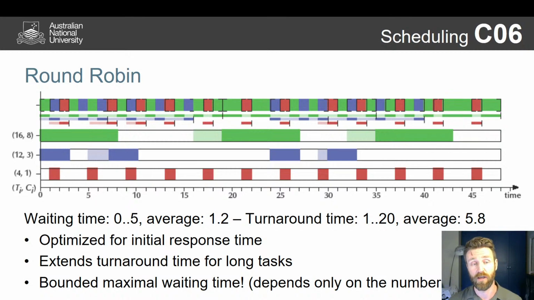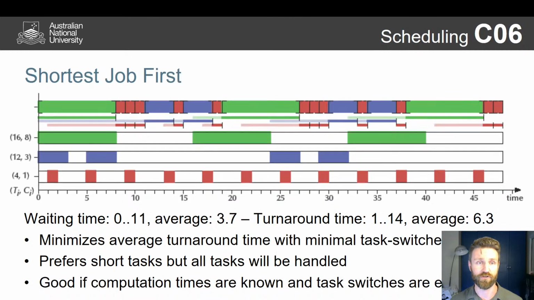We can reduce the maximum turnaround time by, say, trying to execute the jobs that have the longest to go until completion. Or we could try to do other things, like we could try and reduce the minimal or the average turnaround time by trying to complete tasks that don't have very long to go. So let's see if we can use the task runtime to make better choices.